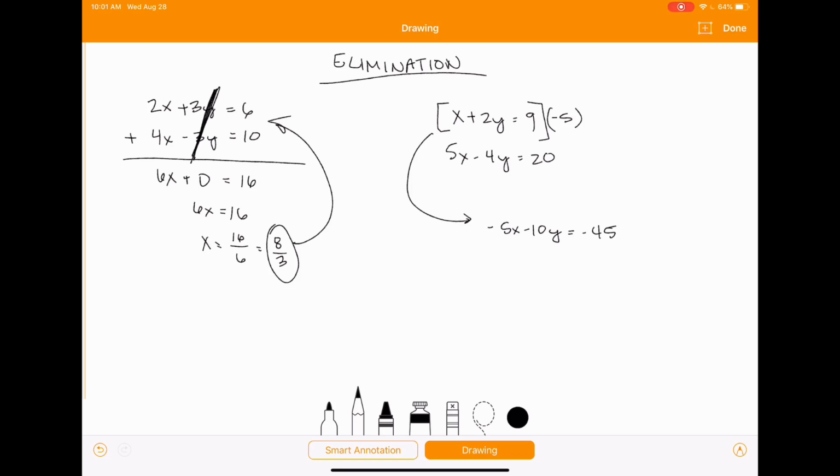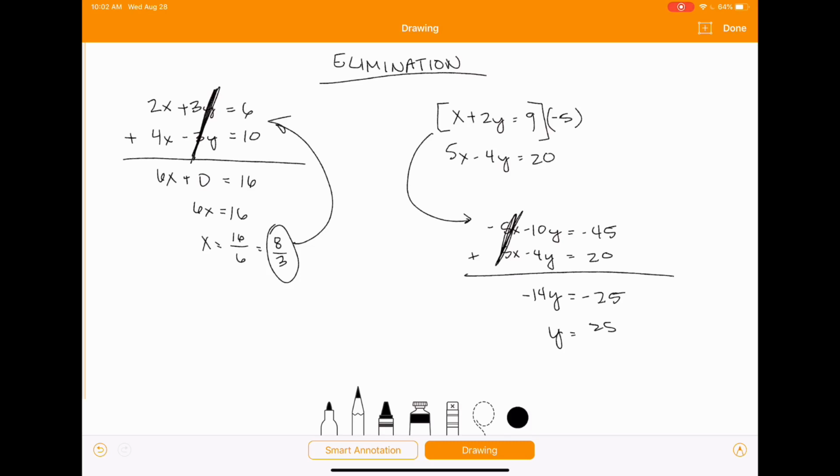And then we're going to add it to our second equation, which is 5x minus 4y equals 20. And again, add those together. This will get eliminated because we just multiplied it by that -5, right? So we're going to be left with -14y equals -25.